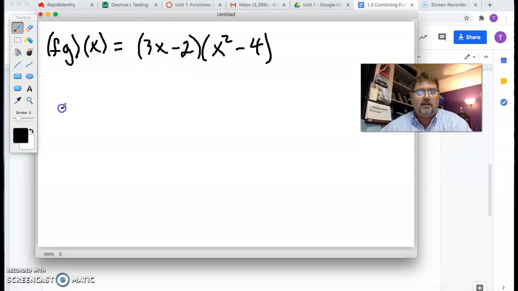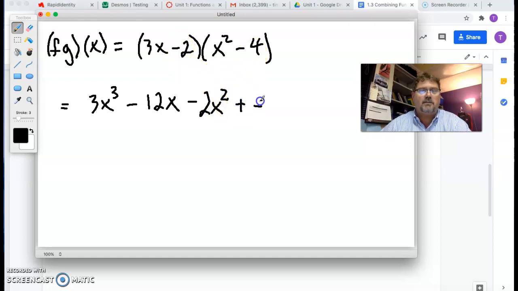I guess technically you're done, you've multiplied it together, but you need to distribute. So I'm going to get 3x cubed for my first term. Negative 12x, that's 3x times negative 4. Negative 2x squared. And finally, negative 2 times negative 4 gives me a positive 8.